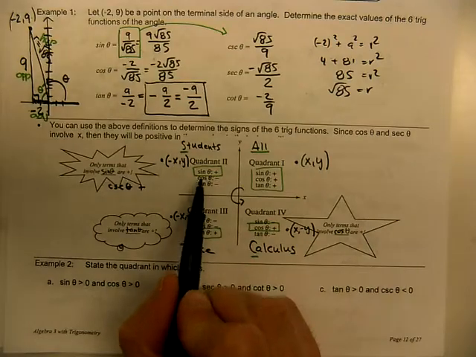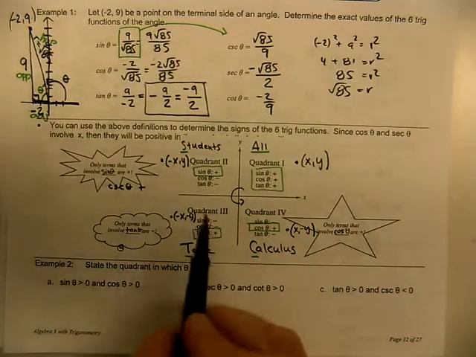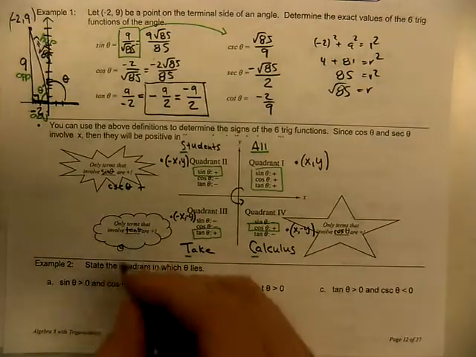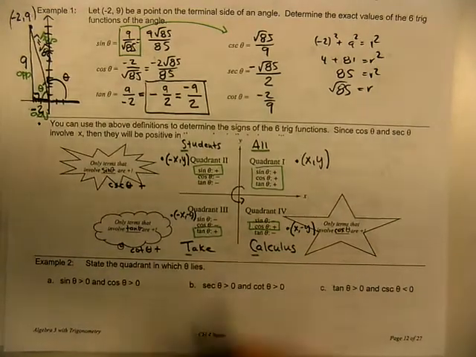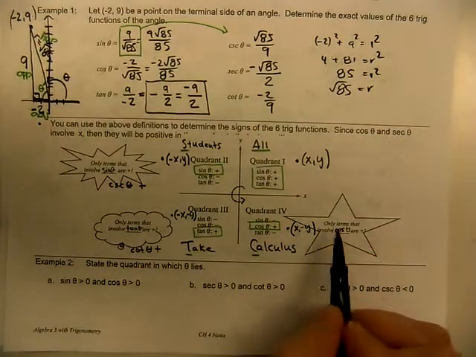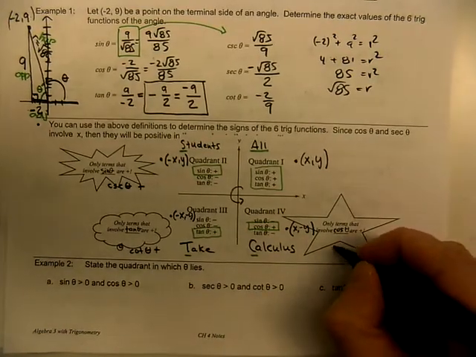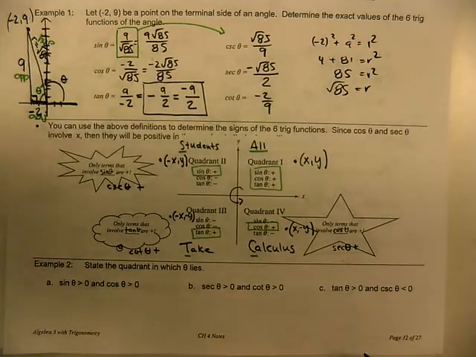That is, secant is negative, and cotangent is negative. Okay? Here in quadrant 3, if tangent is the only item that's positive, well then its reciprocal is also positive, right? Cotangent will be positive. And in quadrant 4, only terms that involve cosine are positive. Well, the reciprocal of that is secant. So secant is also positive. So consider those reciprocals as well as the original trig functions.